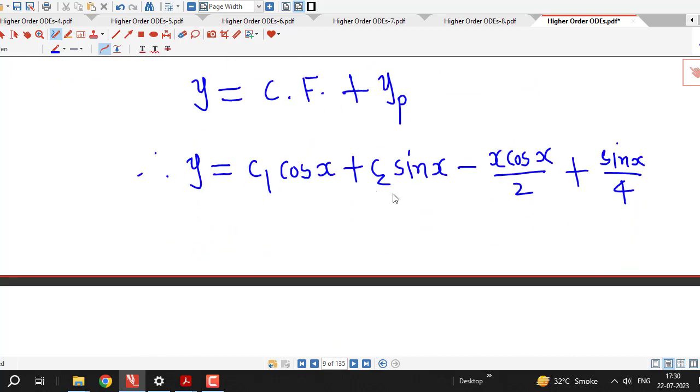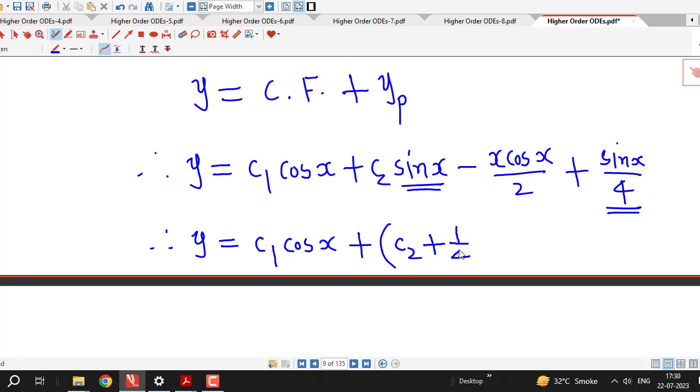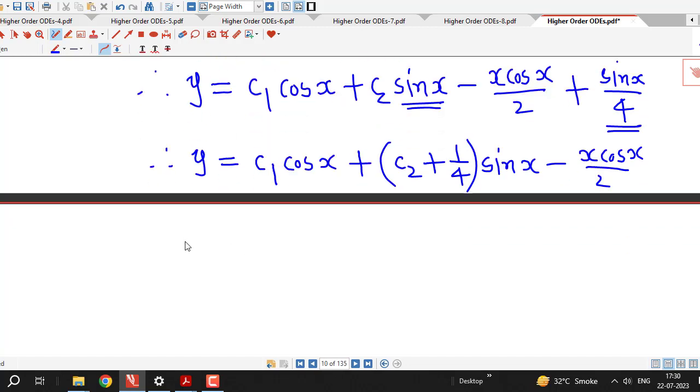Now you can see here we have sin x common in these two terms, so we can further simplify by taking sin x common. So if I take sin x common, I will have C2 plus 1 by 4 into sin x minus x times cos x divided by 2.